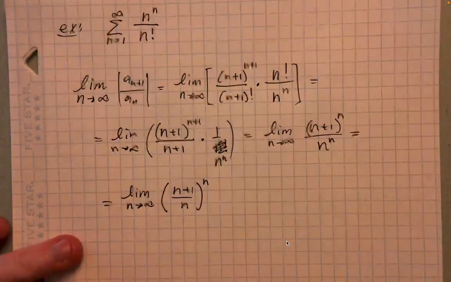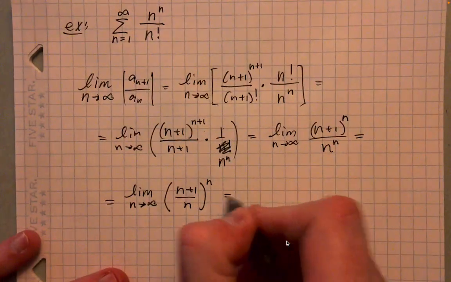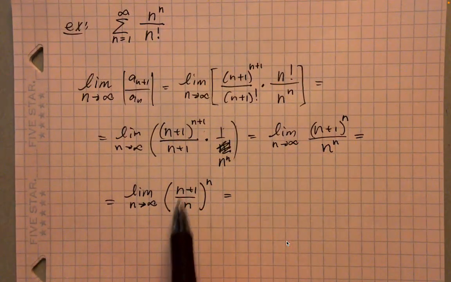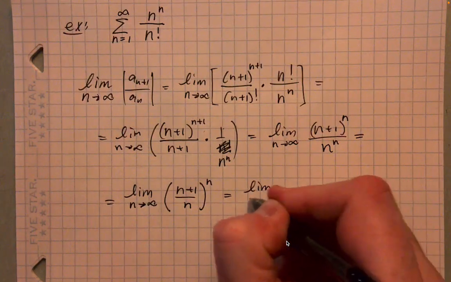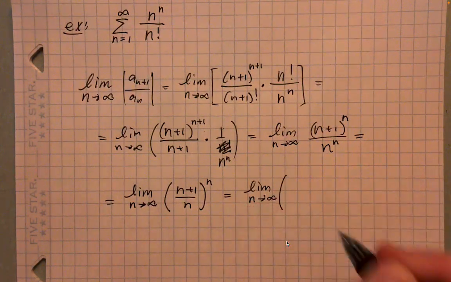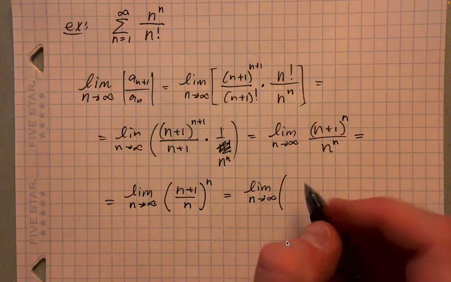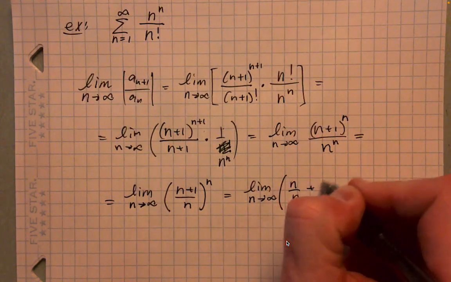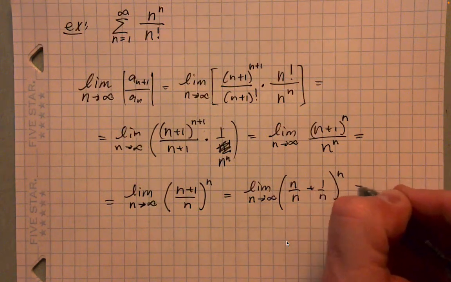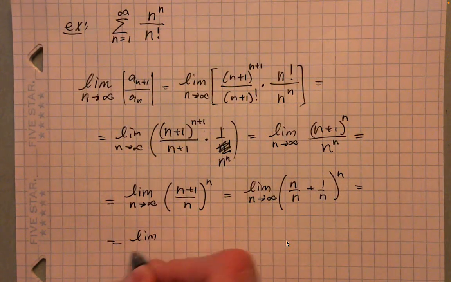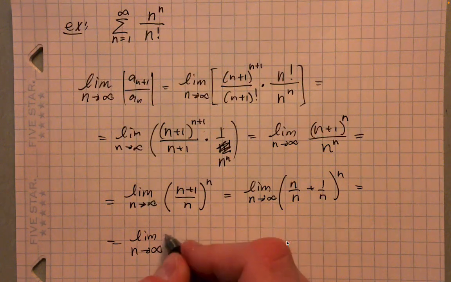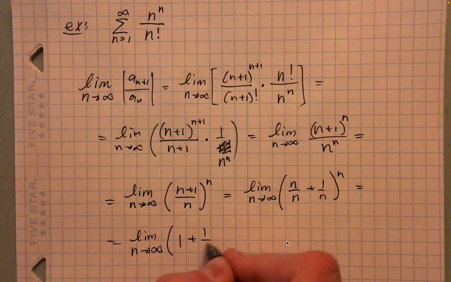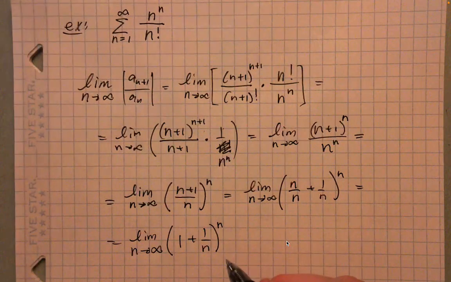And we can see what happens here, right? So inside here, let's divide everything by n. And we'll get, well, no, sorry, let's break it up. That's what I meant to say. n over n plus 1 over n, to the nth. And we'll have 1 plus 1 over n, to the nth. And so what is this, right?